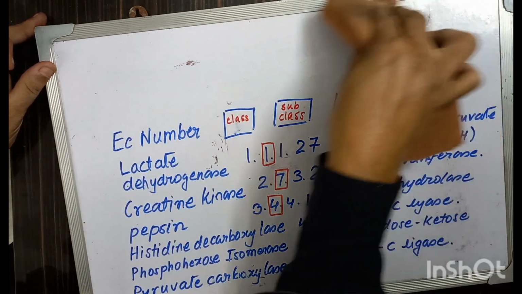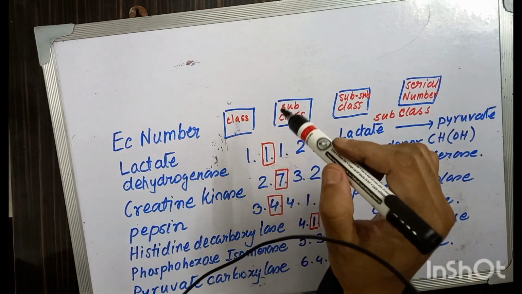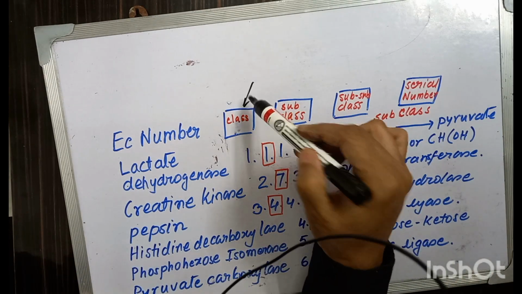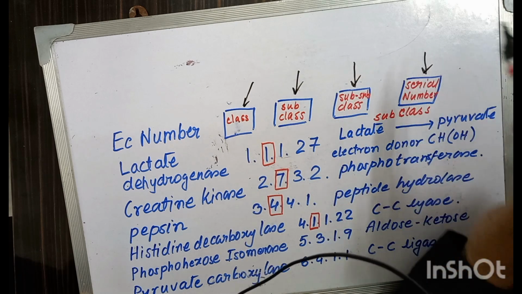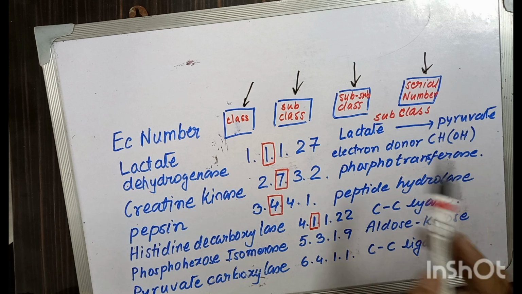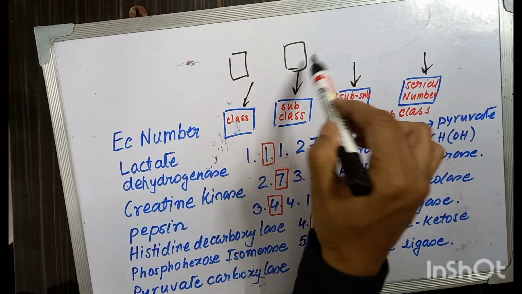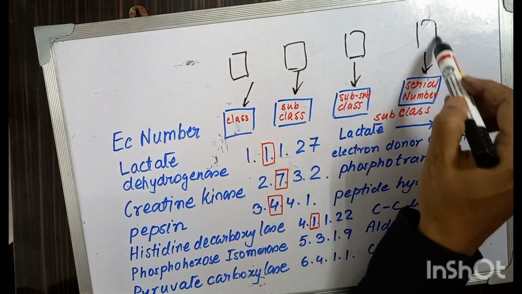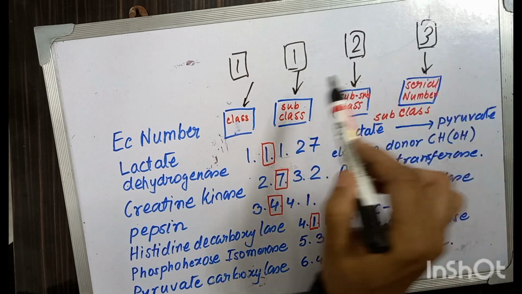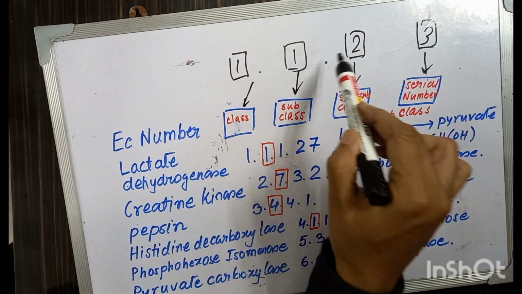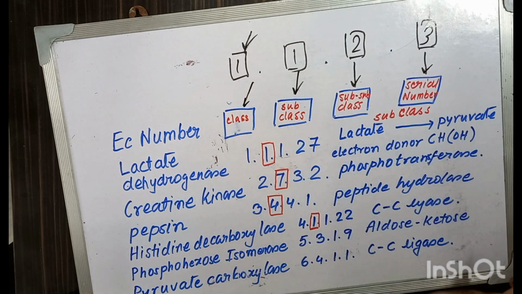While we do this numbering of enzymes, we actually have 4 spots. Enzymes are numbered with 4 numbers with dots between them, say 1.1.2.3. The first number is the class, so class 1 is oxidoreductase.